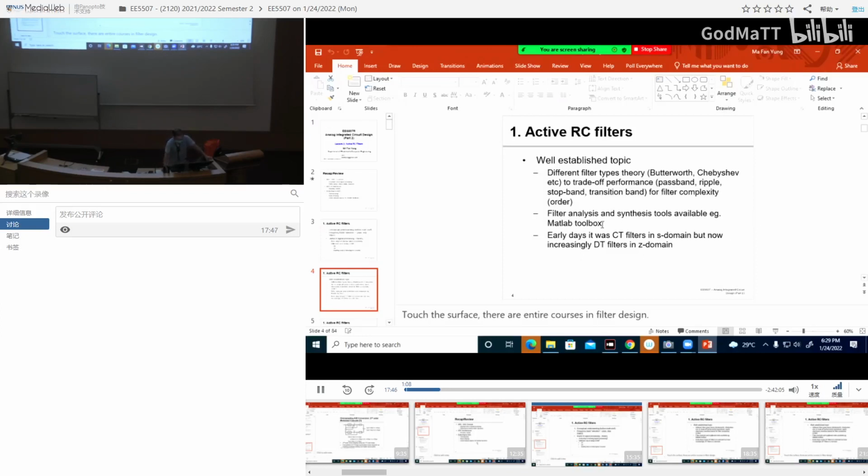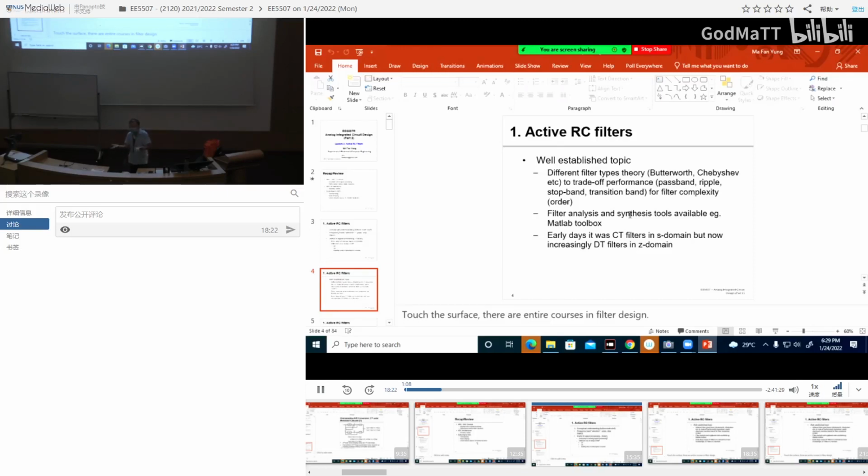For analysis, there are also a lot of tools available to help you analyze the filter, and not only analyze but actually synthesize the filter. These are two important terms to understand: analysis and synthesis. Analysis, you all know: I give you a circuit, I ask you to analyze this circuit.